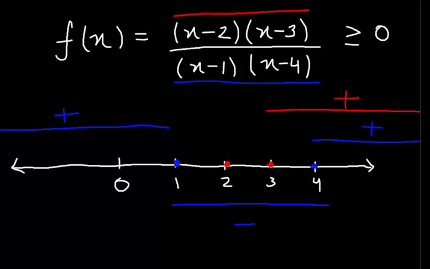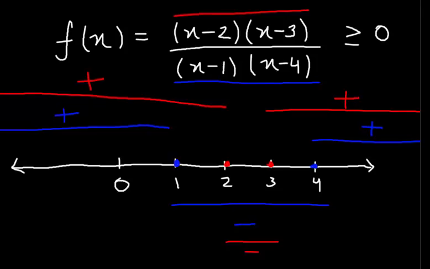And I want to be very clear, I'm making this a red positive sign or red plus sign, indicating it's positive only for this numerator function, and similarly for the blue positive sign. So in the next interval from 2 to 3, one of the factors, which is x minus 3, is going to be negative. And finally, in the last interval from -infinity to 2, each of these factors is negative, so it's going to result in a positive interval.